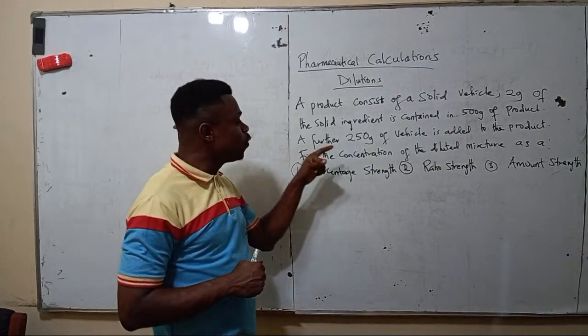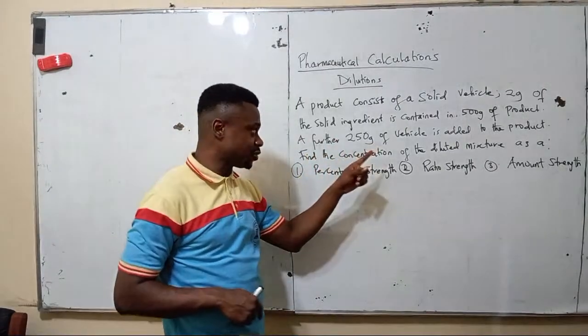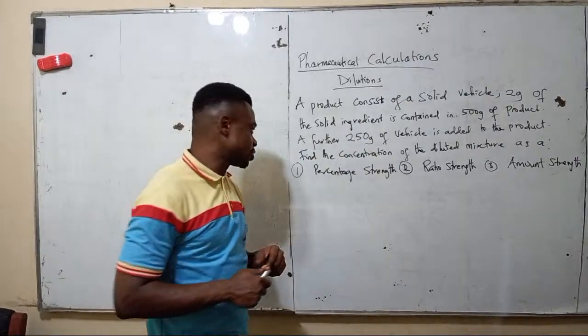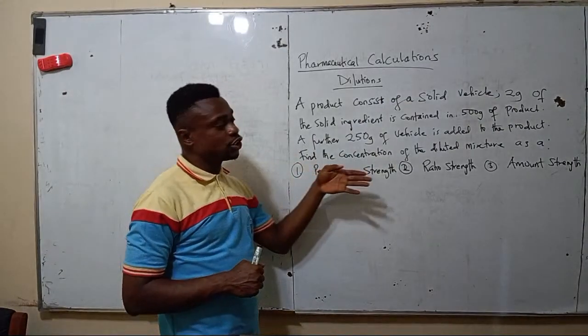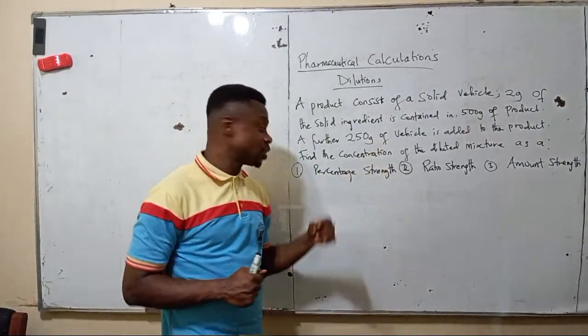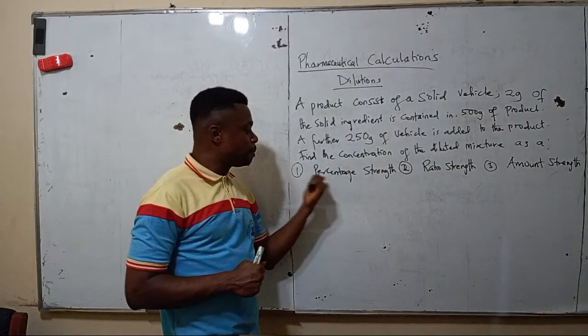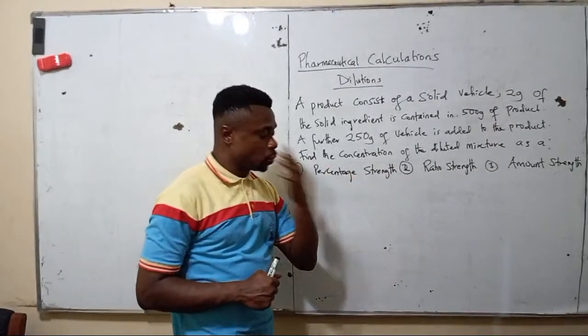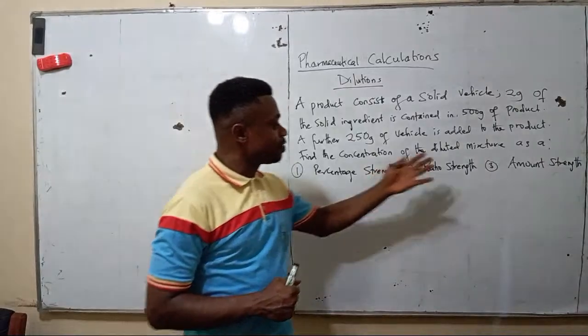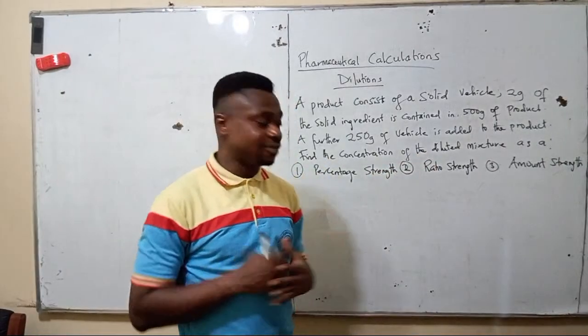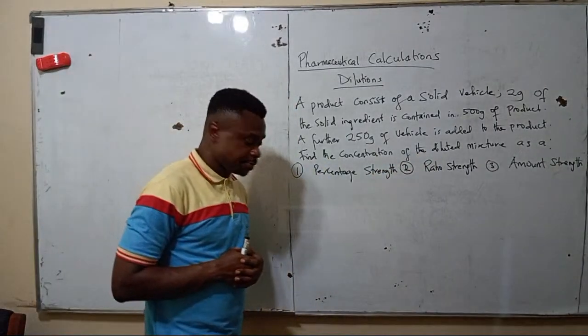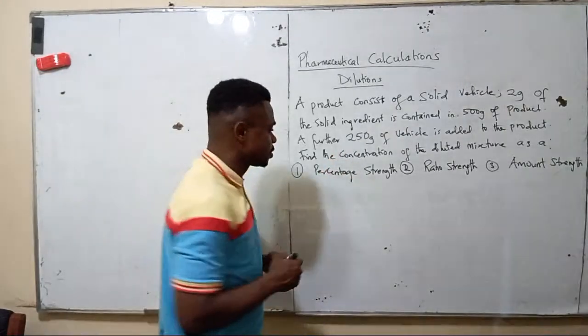A further 250 grams of vehicle is added to the product. Find the concentration of the diluted mixture as 1, percentage strength, 2, ratio strength, 3, amount strength. Okay, now let's go back to the question.